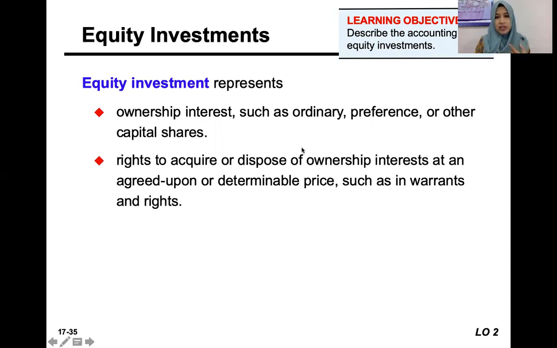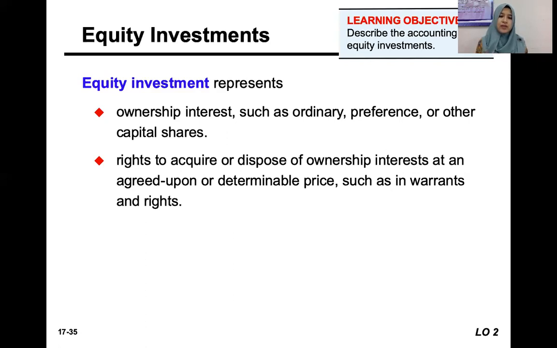It could represent the ownership interest in ordinary shares, preference shares, or other capital shares, or it can also be the rights to acquire or dispose of the ownership interest at an agreed or determined price, such as warrants.